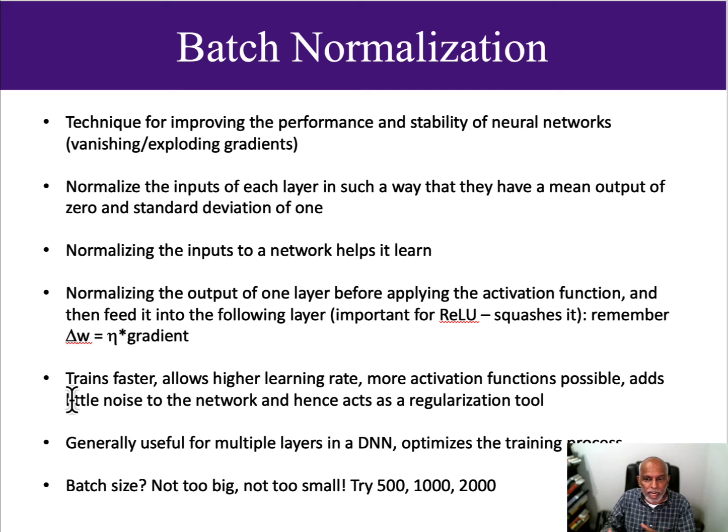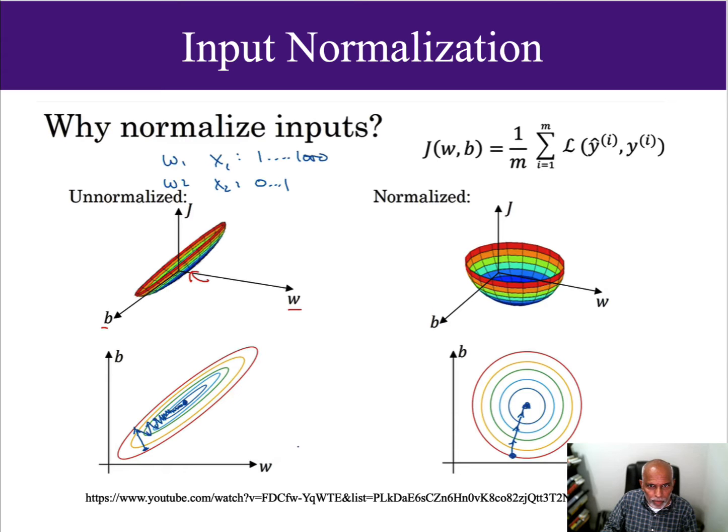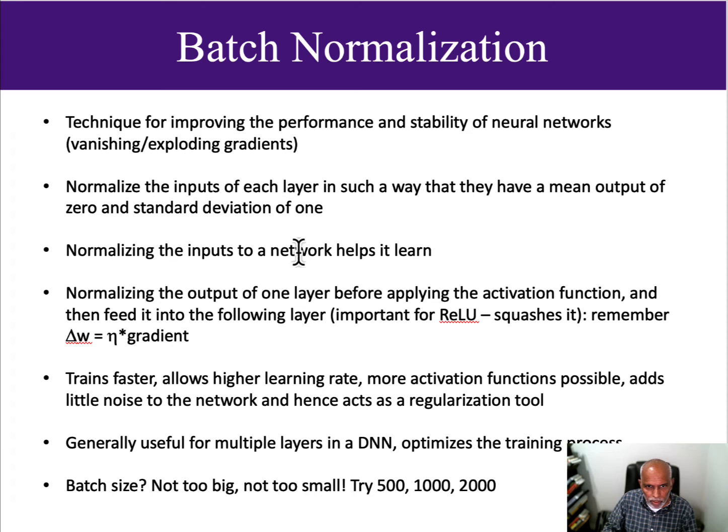You submit it as batches and then take the average of the parameter values. So we talked about batch normalization: normalize the input data, as well as batch process the results.